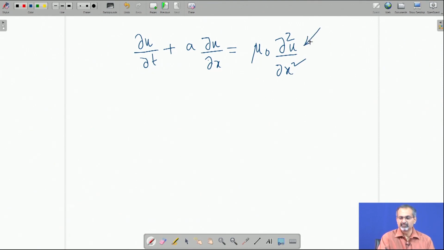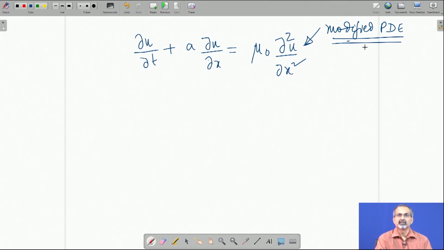We are interested in this because we have seen modified partial differential equations emerging from the different numerical schemes that we are trying to use. If this is the form of the modified partial differential equation, accounting only for the leading error term, then what kind of trial solution might work in order to solve it?